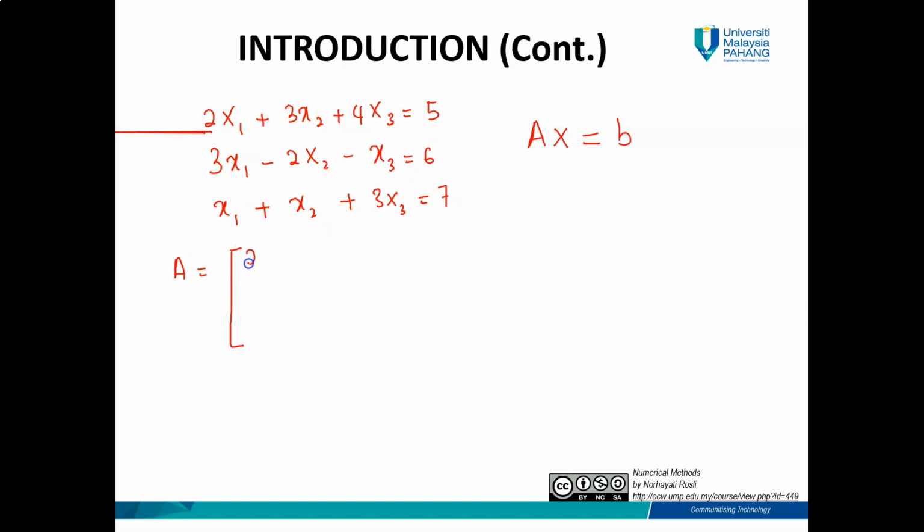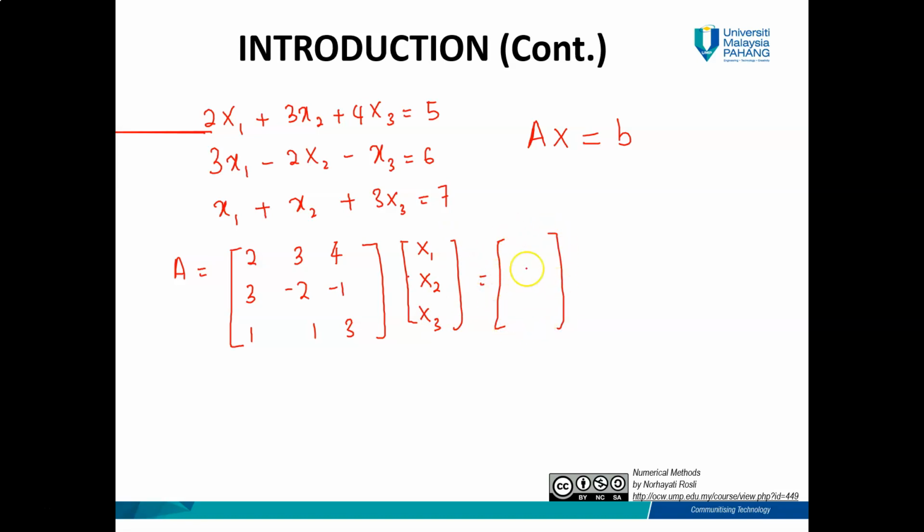That means all the coefficients of x, we can write in a matrix. That is, we have 2, 3, 4, 3, negative 2, negative 1, 1, 1, 3. And then this is multiplied by our unknowns x1, x2, x3, and it is equal to a vector b. What does this b mean?